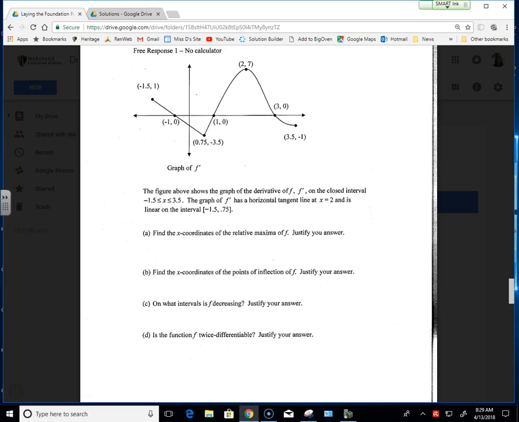But more and more recently, what I've been seeing is that they're doing something like, here's a graph of g, and g is equal to the integral from a to x of f of t dt, and they ask you about f.